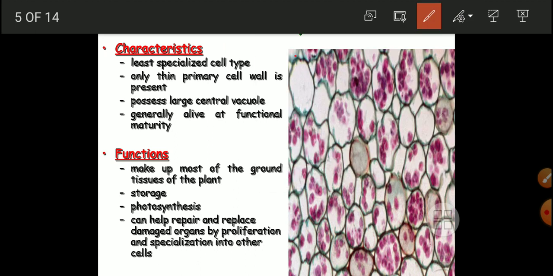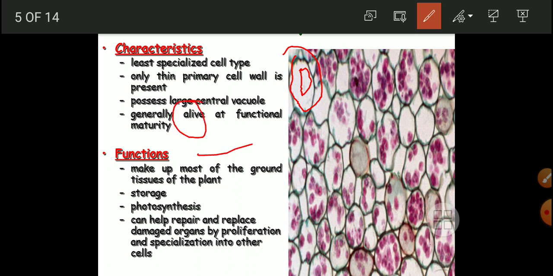In case of parenchyma, a thin primary cell wall is present. It possesses a large central vacuole, मोठा central vacuole आहे त्याच्यामध्ये, पोकळी आहे. Generally alive at functional maturity, isn't it? Functional maturity होते तेव्हा they become alive.